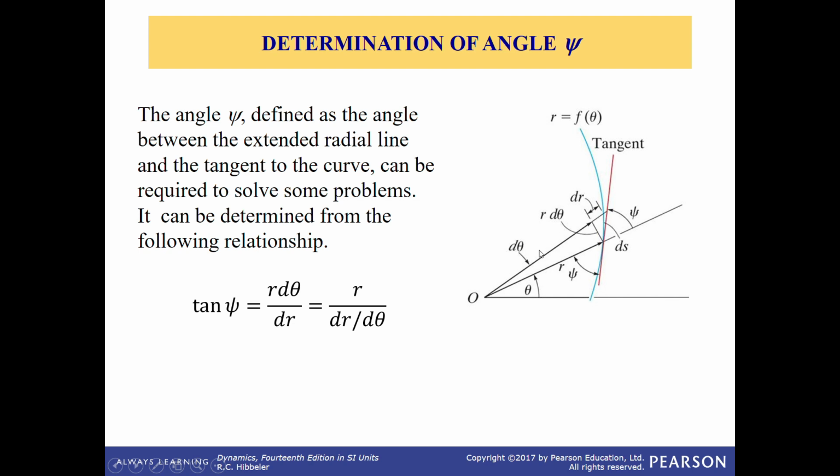The changes in terms of theta, we say as r d theta. And then of course, when I have d theta, I need to measure the distance as dr, the changes in terms of radial direction.